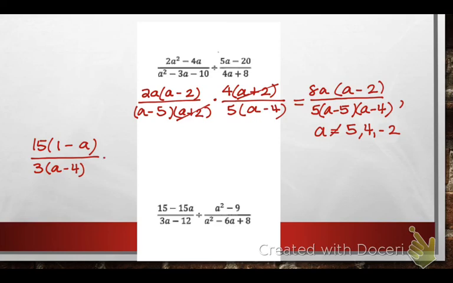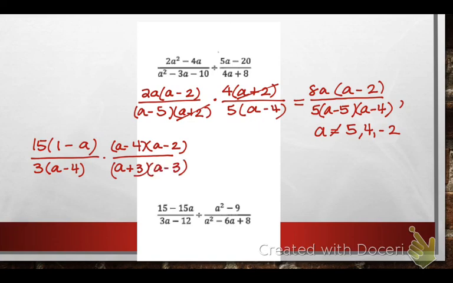Change it to multiply, and then flip: a squared minus 6a plus 8. That would be a 4 and a 2, and they would both need to be negative when we factor. And then that denominator is a difference of squares.